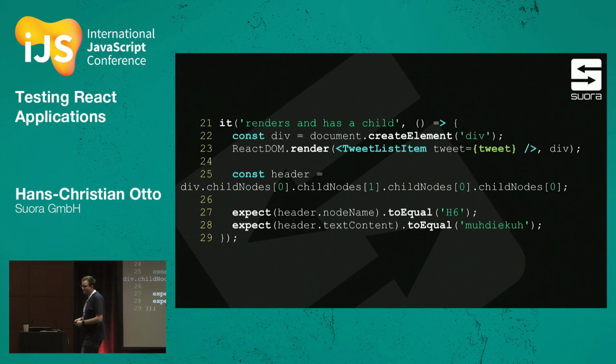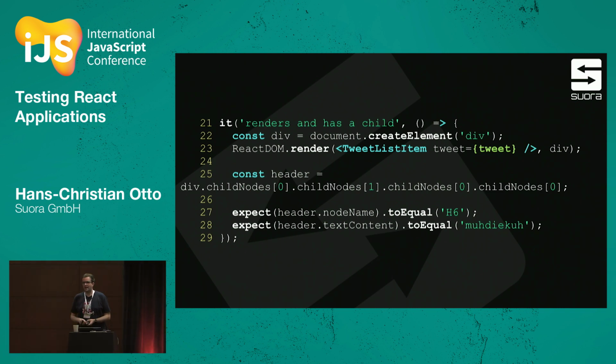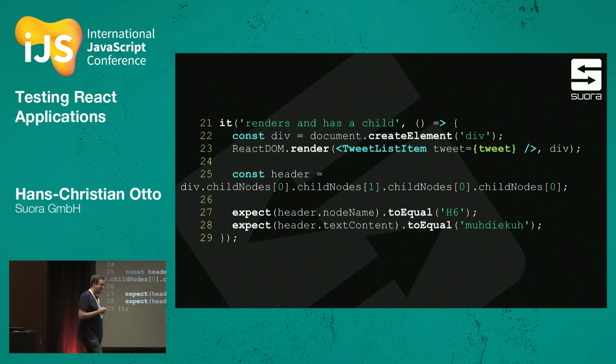So this test works, but it will fail as soon as someone changes the component. That could be fine, but then again, if people change the component, they need to change the test. And this has two implications. First, people will not look at failed tests anymore, because whenever they change something, they need to adjust the test.